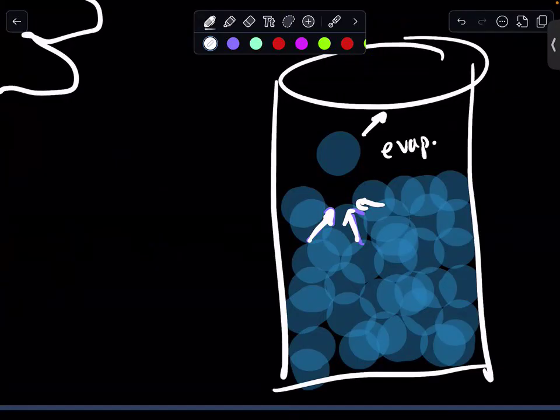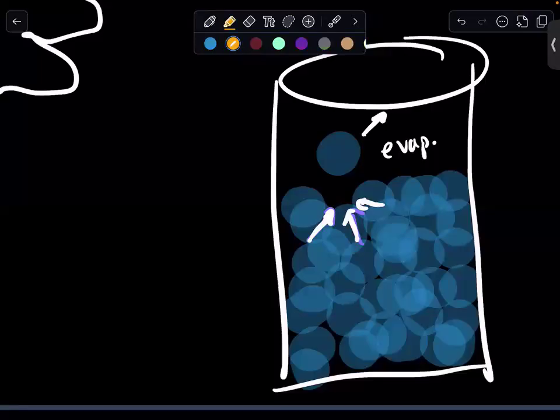Now, you might ask yourself, well, why doesn't it happen inside? Well, it could if one particle ends up getting all that energy. So let's say this particle right here ends up getting a lot of energy, and boom, it wants to leave.